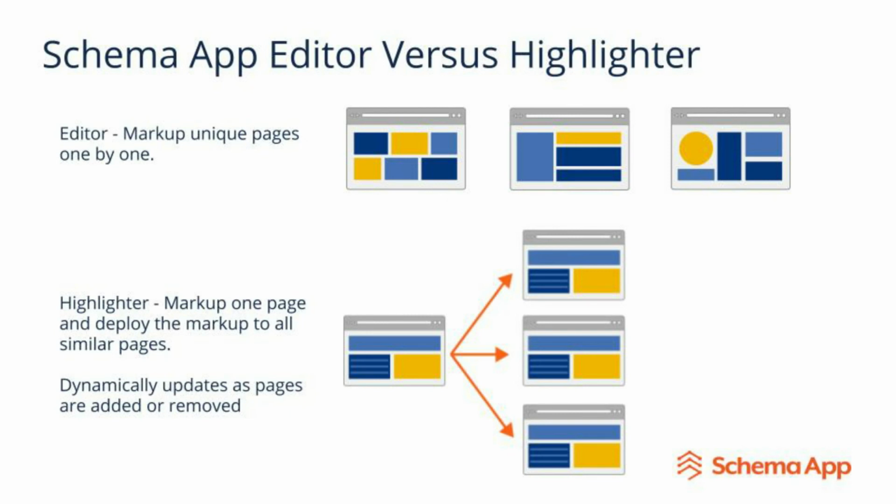Here's a visual depiction. You use the editor to mark up unique pages one by one, and you'd use the highlighter to mark up one page and then deploy the markup to all similar pages. Common use cases are products, articles, location pages, images, videos, and so on. And as you add or remove content from your website, the highlighter will dynamically update the schema markup.